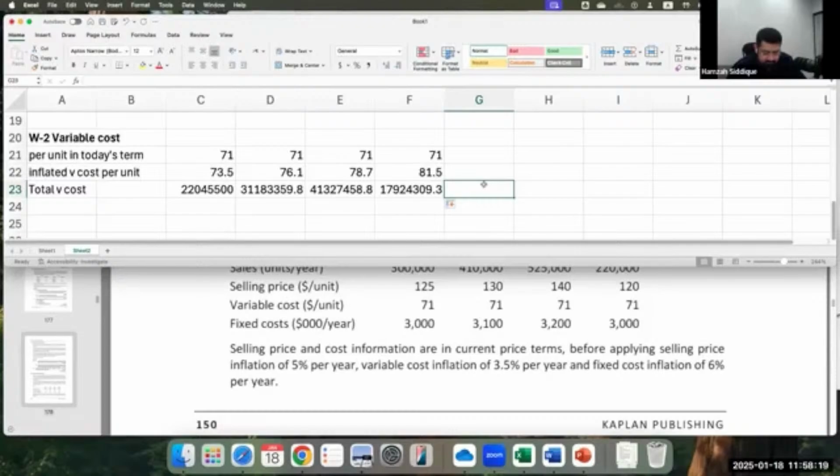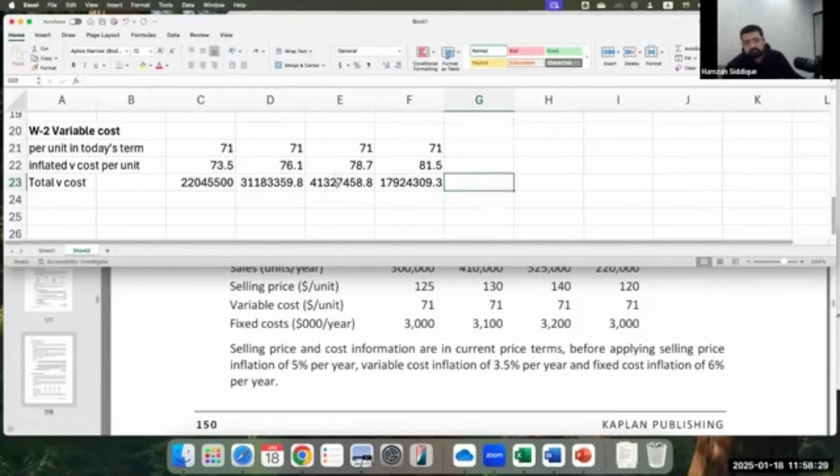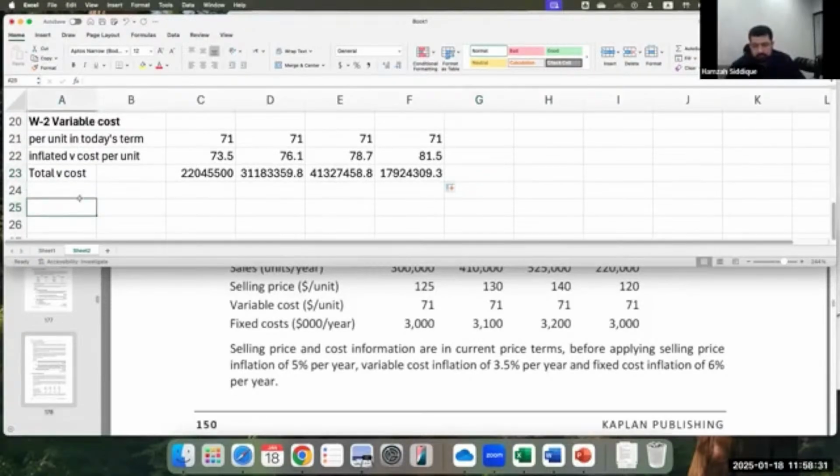Now the next point, after variable cost per unit and total variable cost, is the fixed cost. Things are given in a sequence already. Very easy.